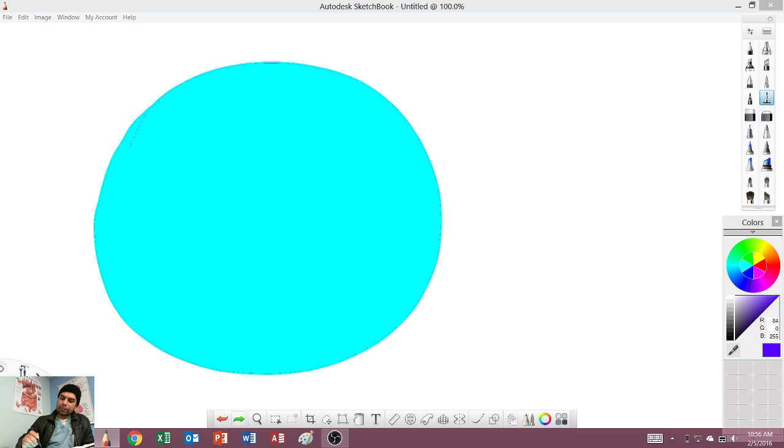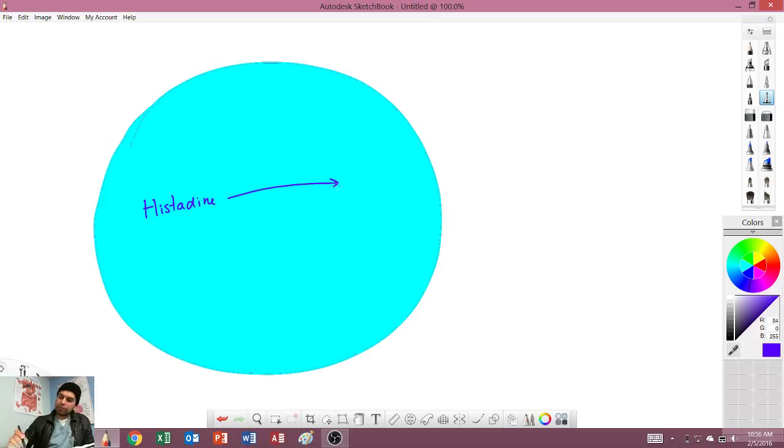So these granulocytes, known as basophils, have an enzyme known as histidine decarboxylase. Let's put the amino acid histidine, and this can be converted to histamine.